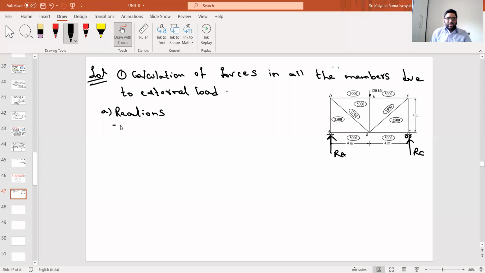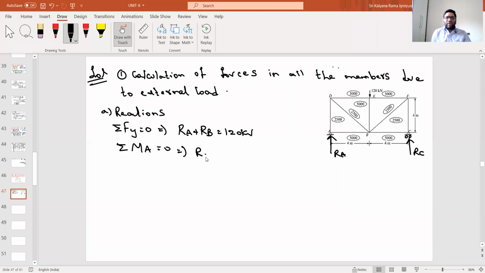Sigma Fy is equal to 0 implies Ra plus Rc is equal to 120 kilonewton. Okay. So this is symmetrical. You can see this is 4 meters, this is 4 meters, and the load is acting at the center. So what will be the reactions? Half of the total load acting, or sigma Ma is equal to 0.